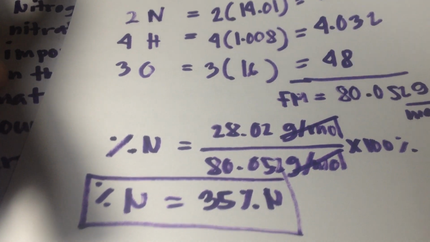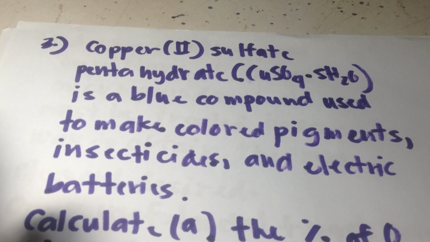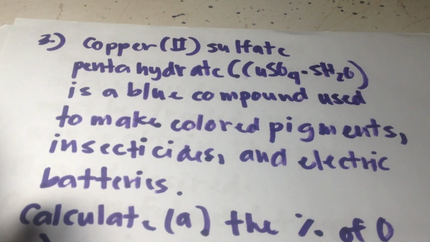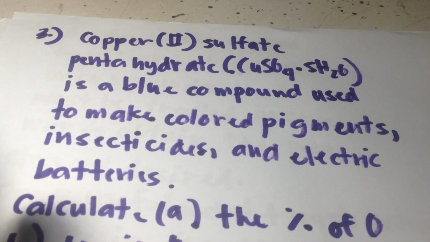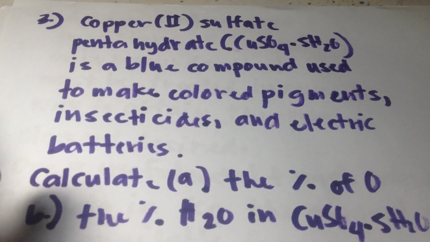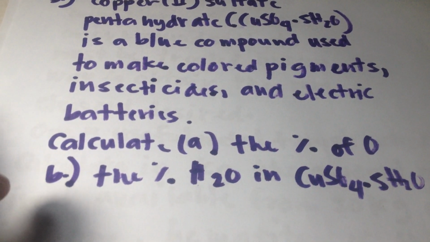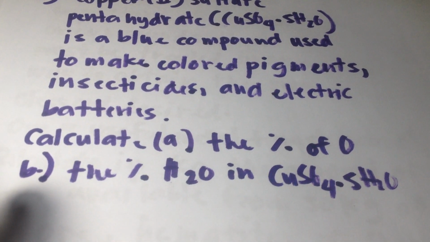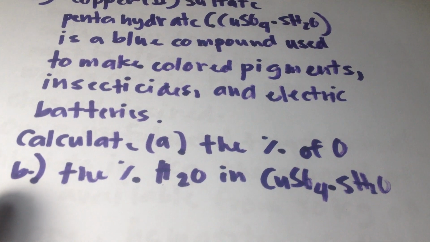Okay, how about number 3? We have a number 3 problem. Copper 2 sulfate pentahydrate is a blue compound used to make color pigments, insecticides, and electric batteries. So calculate the percent of oxygen and the percent of water in copper sulfate pentahydrate.